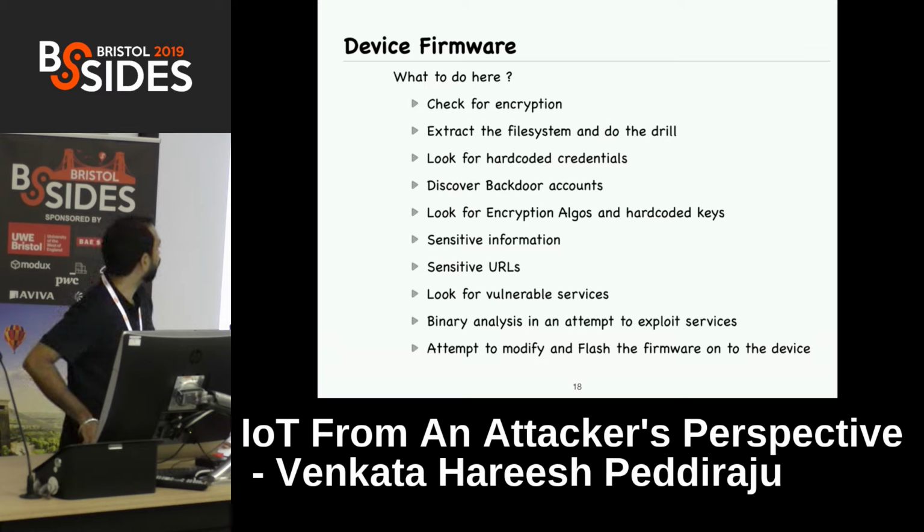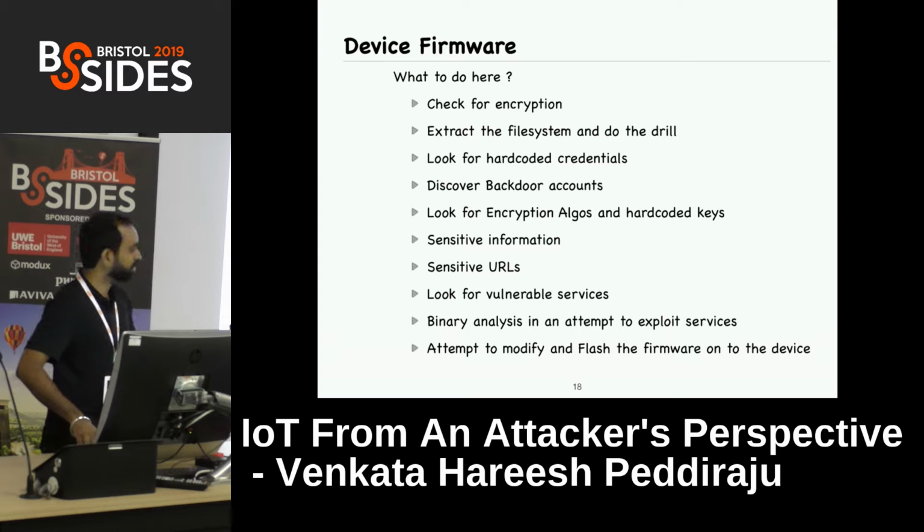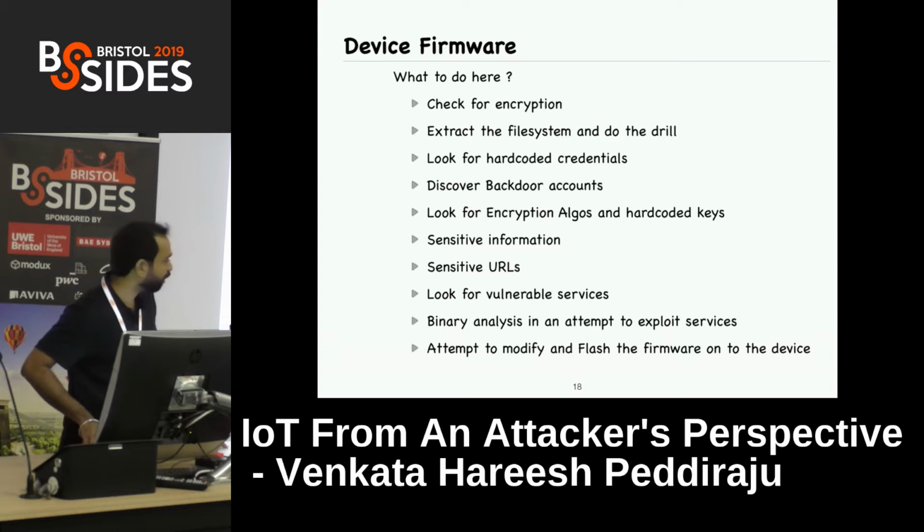What to do here? The first thing that you have to do is check for encryption, extract the firmware and do the drill. Go into the file systems, look for any hard-coded credentials. Interestingly, if you come across some Chinese hardware, oftentimes you will find some kind of a backdoor or something, which may not be intended, but you may find a lot of those things.